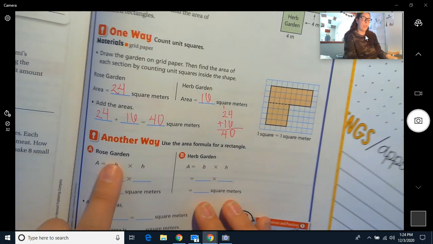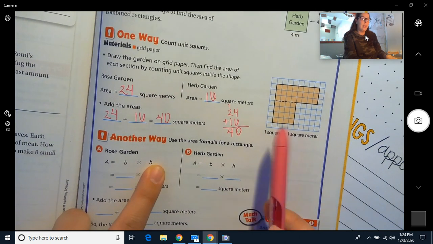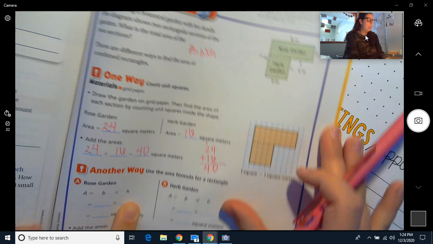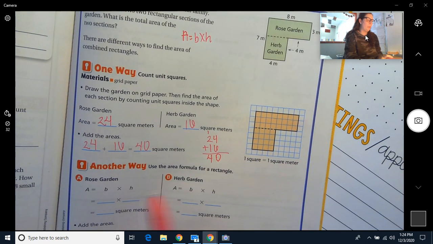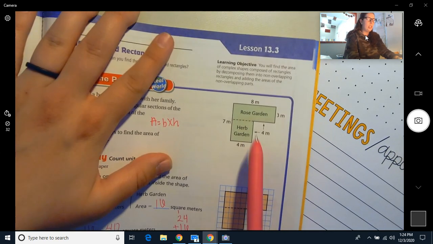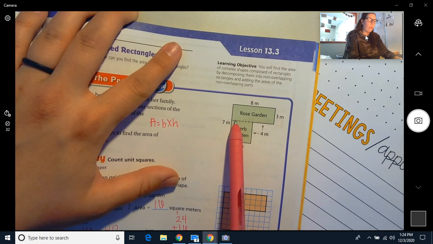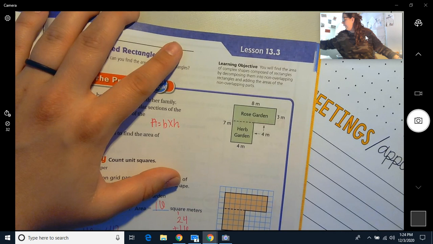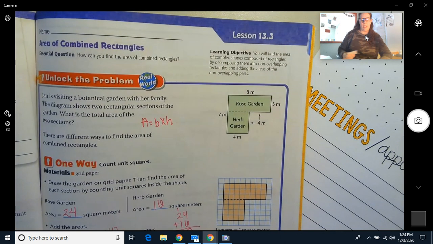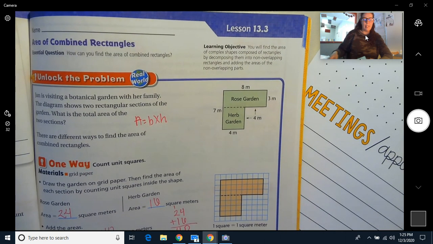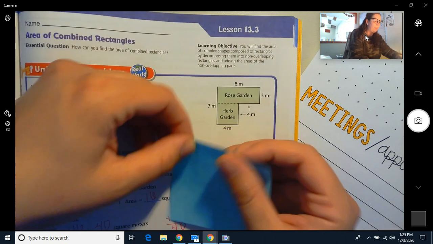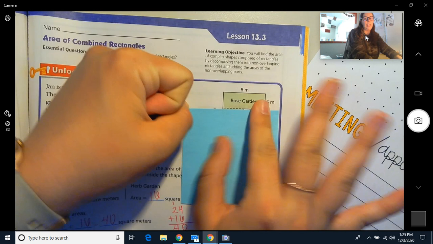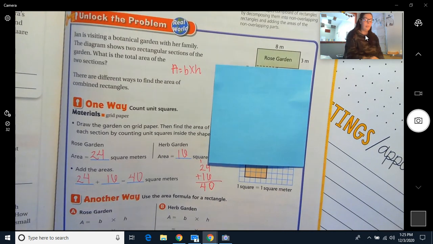Another way, this time we're using our formula base times height, but this time we're breaking it up. We're going to look at this top one here. So for Rosa's garden, I got to do base times height. This shape here, I drew a line across to create 2 separate shapes. And if I take a Post-it note, which I'm grabbing right now for you, if I take a Post-it note and cover up the herb garden, all I see is one rectangle that I need to find the area of.